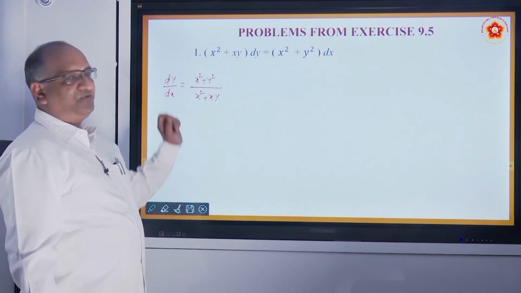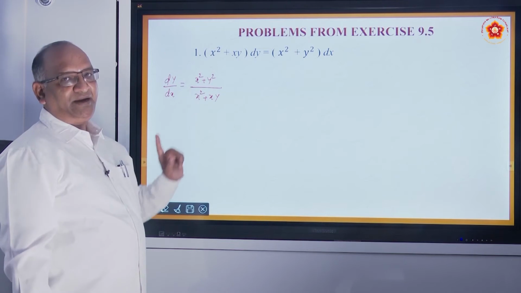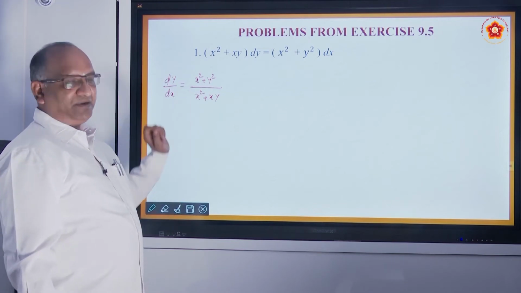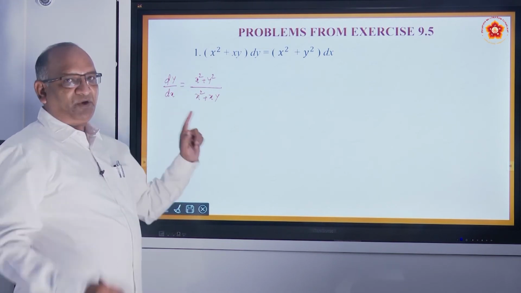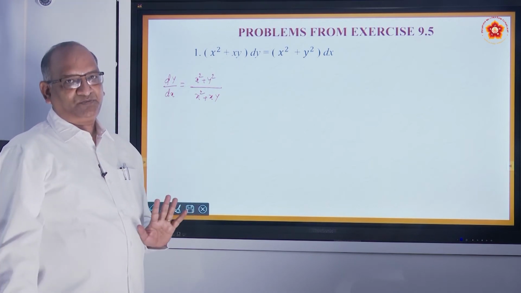Observe, what is the power of x? 2. What is the power of y? 2. X to the power 2 and x to the power 1, y to the power 1, if you club them together it is 2.